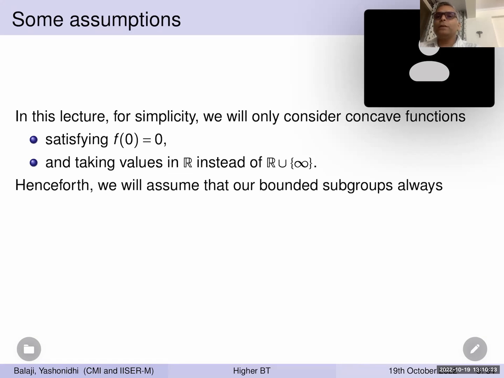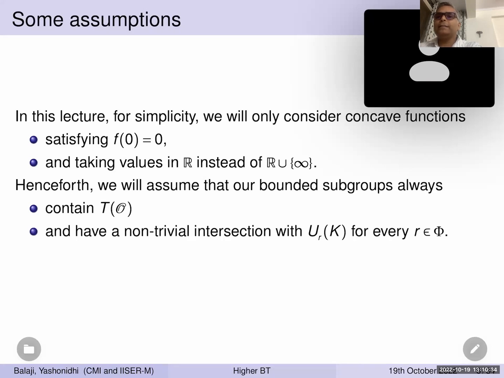But henceforth, we will assume that our bounded subgroups always contain O-valued points of the maximal torus T and have a non-trivial intersection with the root group URK for every root R in Phi. So this is what I want.